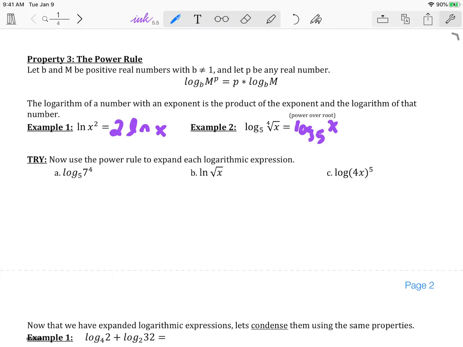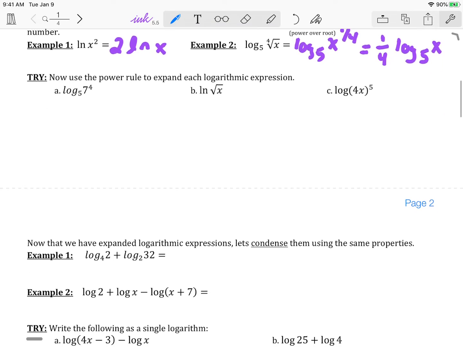So that means this x is going to get to the 1/4 power. Well, if I'm rewriting this, where does that 1/4 go? The exponent goes in the front. So it's 1/4 log base 5 of x. All right, you'll do those try problems next.